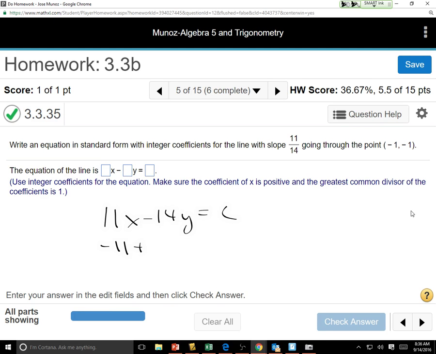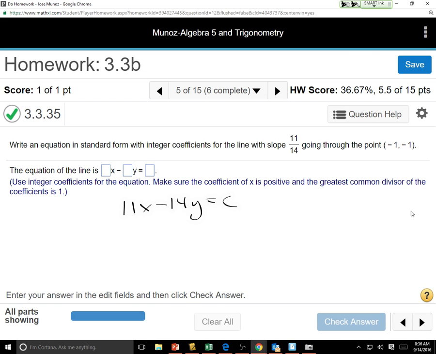This will end up being positive 14. So c is 3. Oh, that was really fast. I'm sorry. Do it again? Yeah. I just got excited there. Okay, so you guys understand where the 11x minus 14y comes from, right? It's from that slope piece.